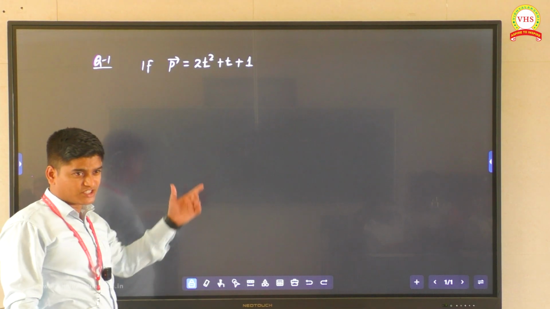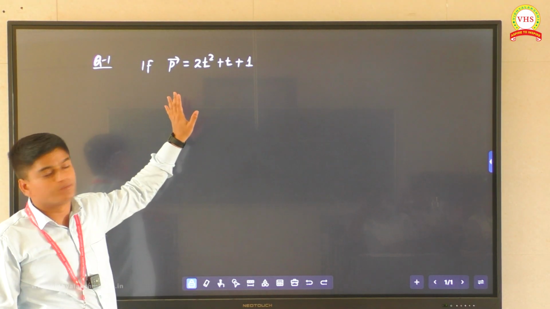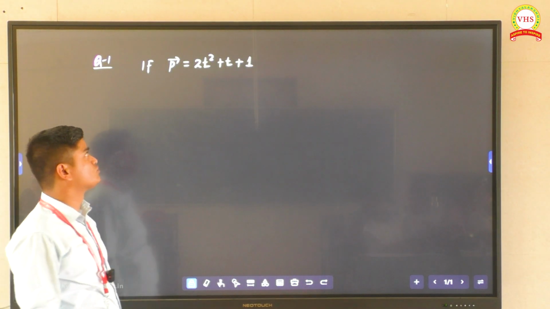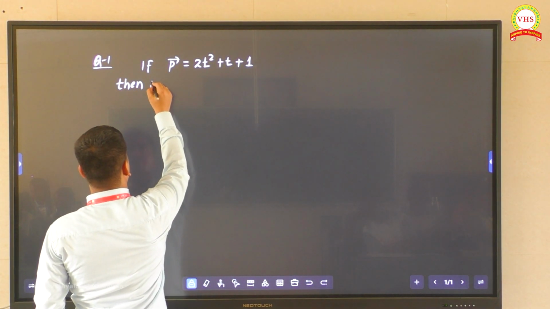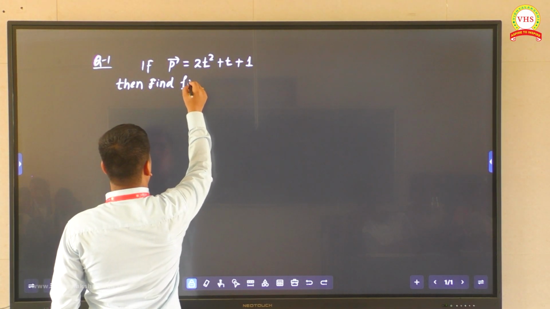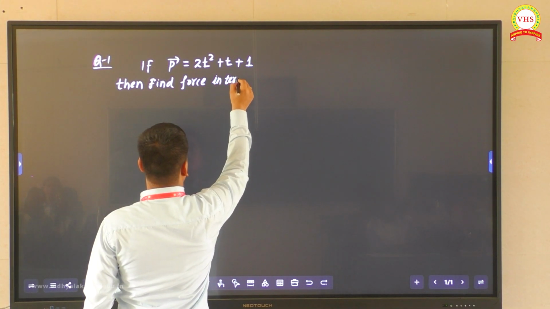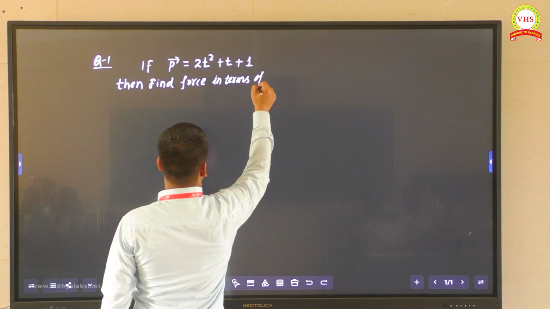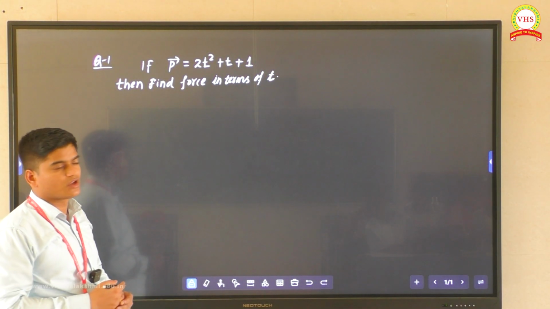One momentum expression given in terms of time. What is momentum? Linear momentum. 2t square plus t plus 1. Then find force in terms of t. Find force. What is force?